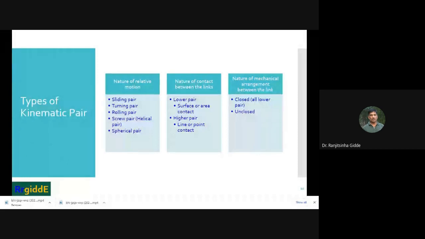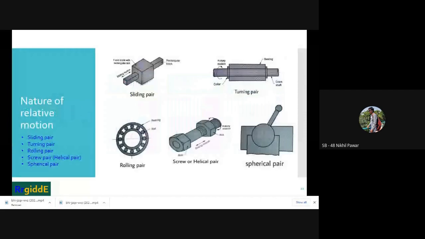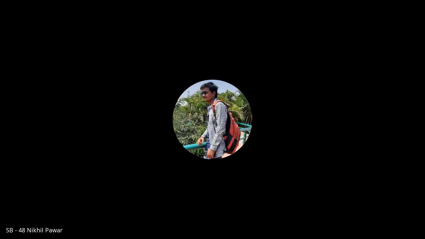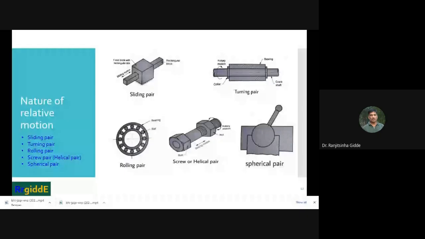And the third type of kinematic pair depends upon the nature of mechanical arrangement between the links. Then we saw examples of sliding pair, turning pair, rolling pair, screw pair, and spherical pair.